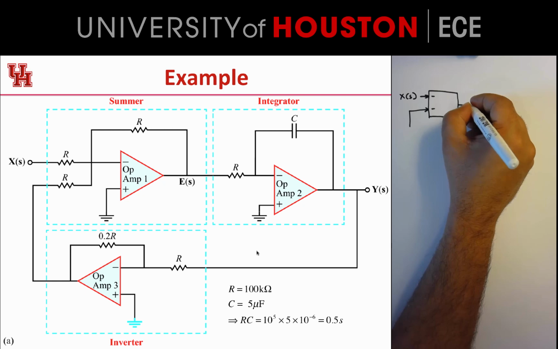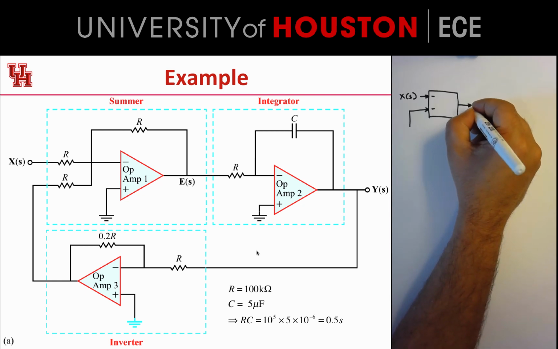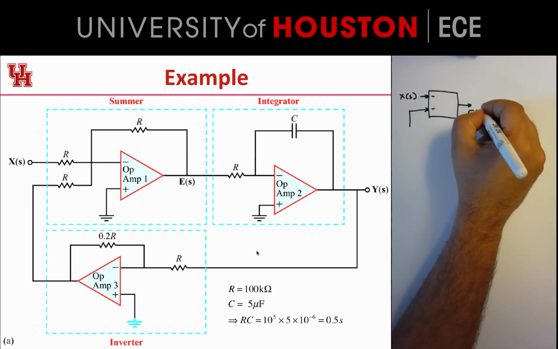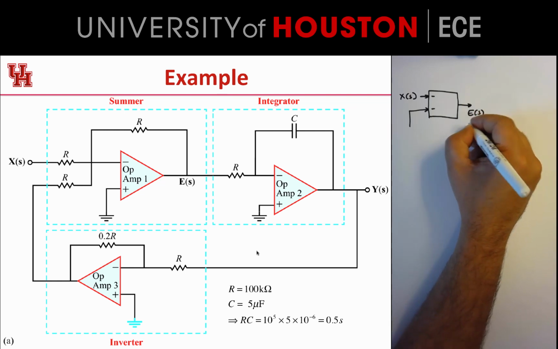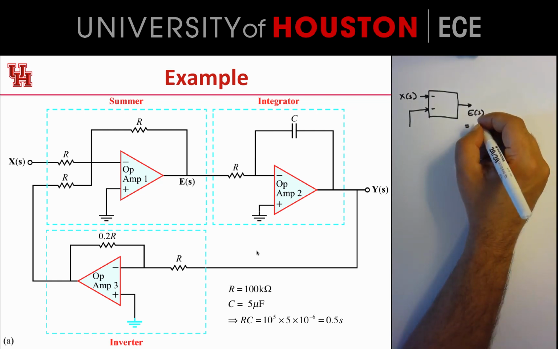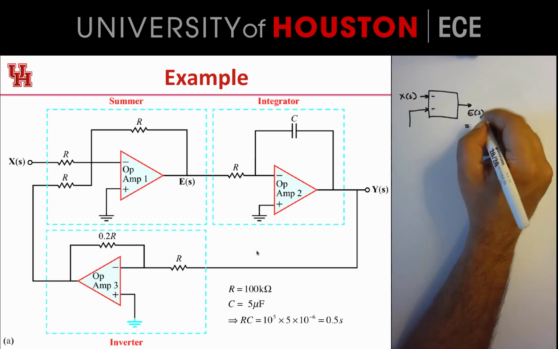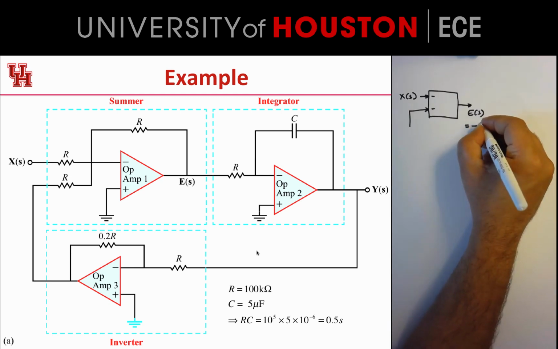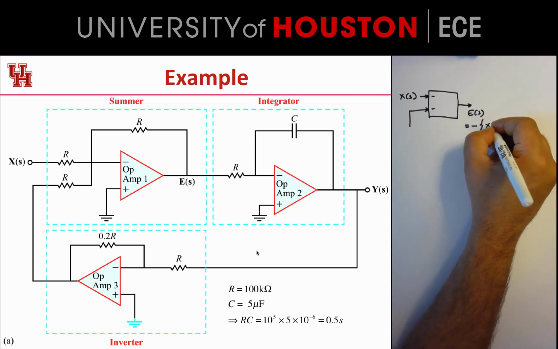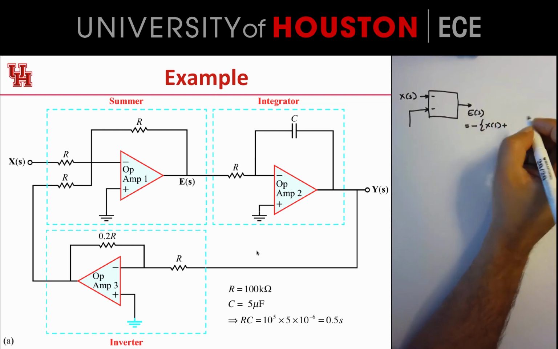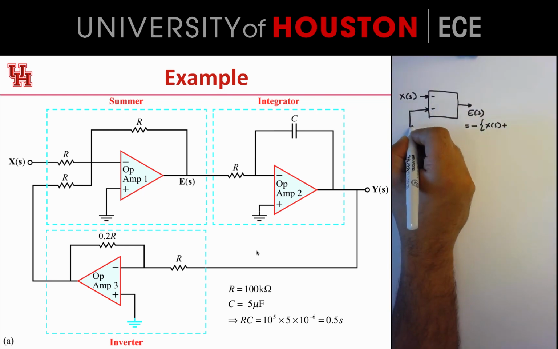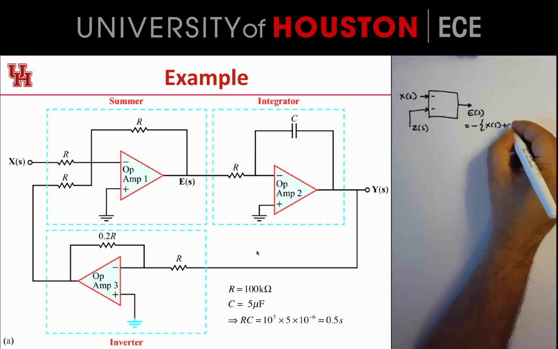What comes out at this end is the signal E(s), and E(s) equals, since the ratio of the feedback resistor to the input resistor is just 1 in this case, minus X(s) plus this thing, which for now let me call Z(s).